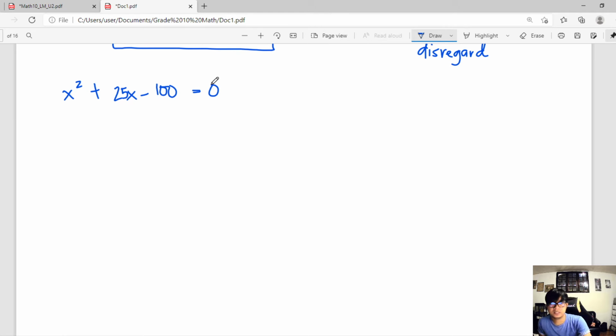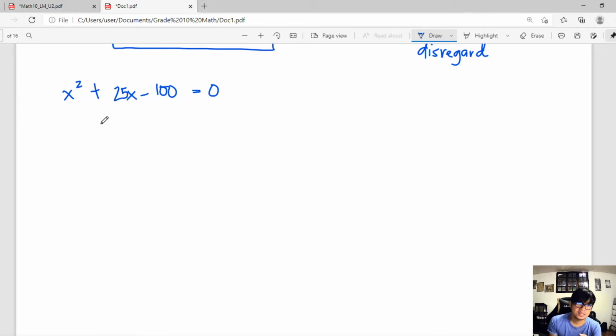So, we will use the quadratic formula. Pwede natin gamitin yung quadratic formula. Or, pwede ba tayo dito factoring? Ano kaya ang factors nito?